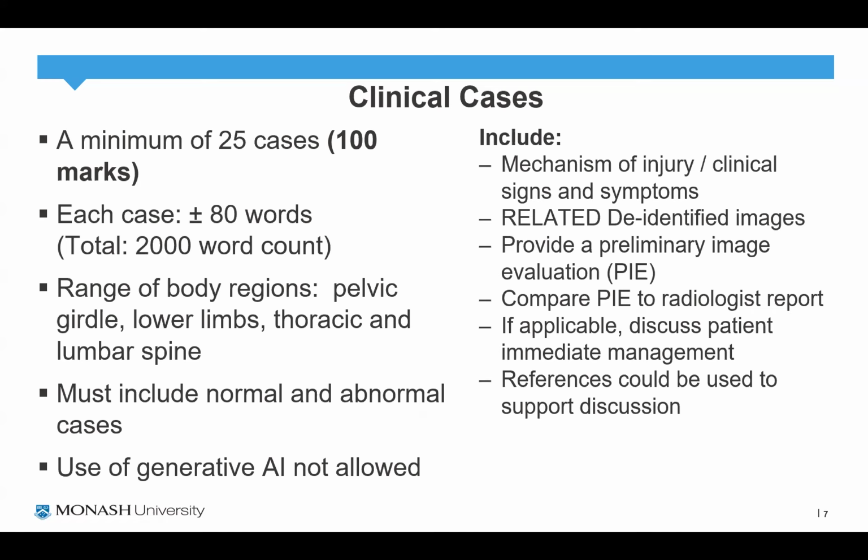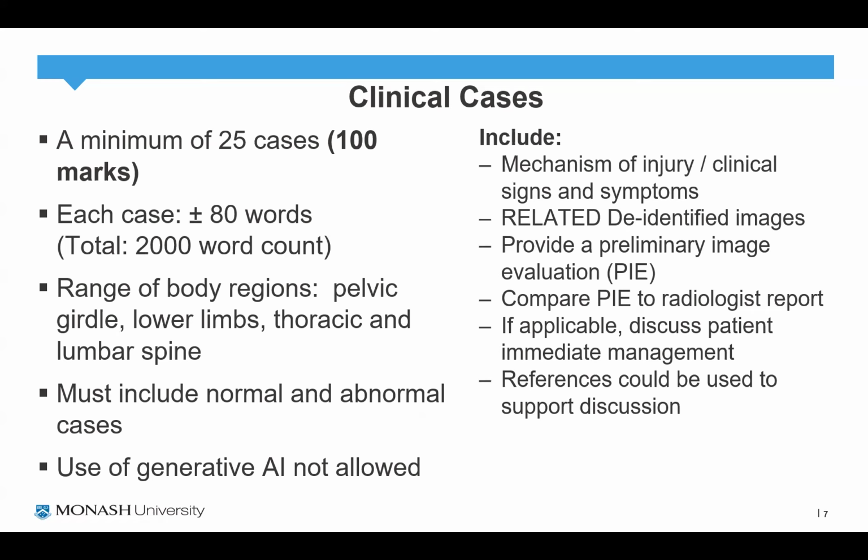And then, of course, for this unit, you need to focus on the pelvis, the lower limb, thoracic, and lumbar spine. And please don't forget about the normal cases as well. And you need to include things like either the mechanism of injury or any clinical signs and symptoms. You have to include at least one de-identified image. You can include more than that, of course.